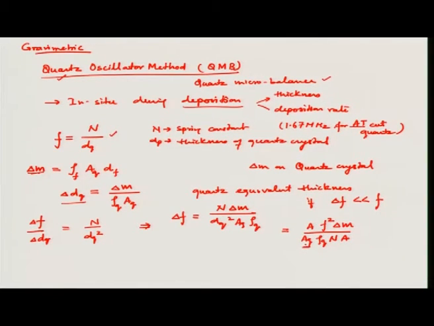Now, we can correlate everything as C delta m over area. And this delta mass over area we can correlate back to C times rho of the film times thickness of the film. C is the parameter, which is A f square divided by Aq rho q and N.